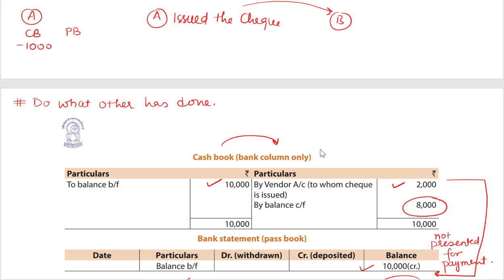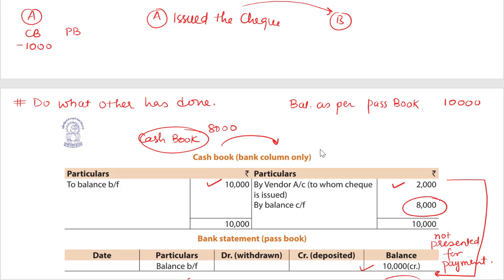This means supposing in the question we are given the balance as per passbook. That means we need to make changes in the passbook. Balance as per passbook is 10,000. Do what other has done. Other in this case means cash book.